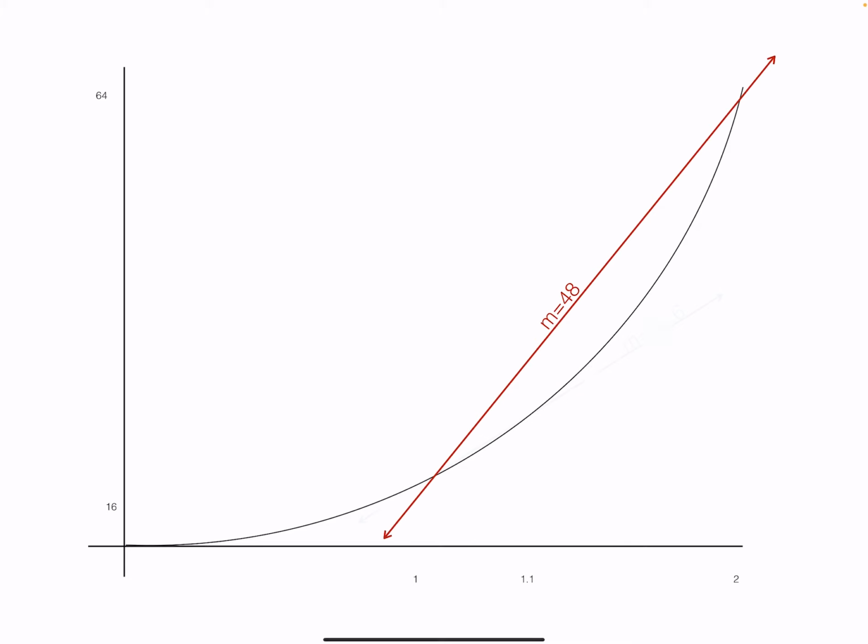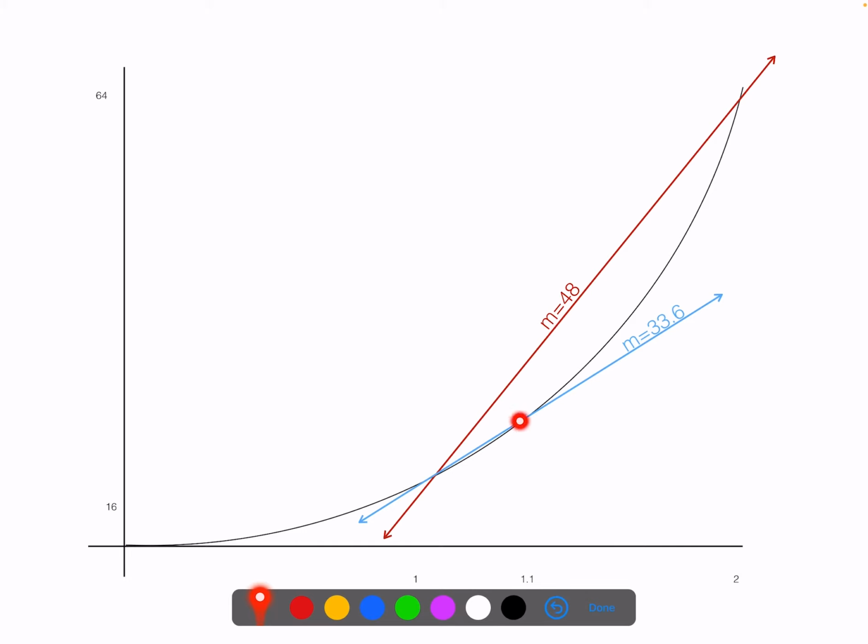So if I advance one slide, notice now I've let the distance shrink. Right here, let me ask this, for the red line, what was the distance? It was 1. For this blue line here, what is the distance? 0.1. It's just the distance past it.